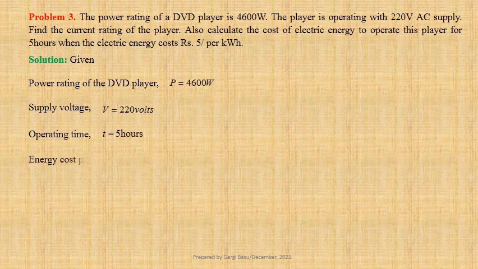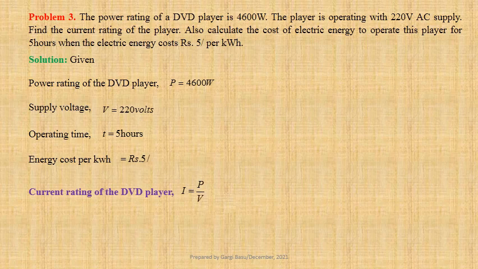Energy cost per kilowatt hour = rupees 5. Assuming unity power factor we get current rating of the DVD player I = P divided by V. Using values we get 4600 divided by 220, that is equal to 20.91 ampere.